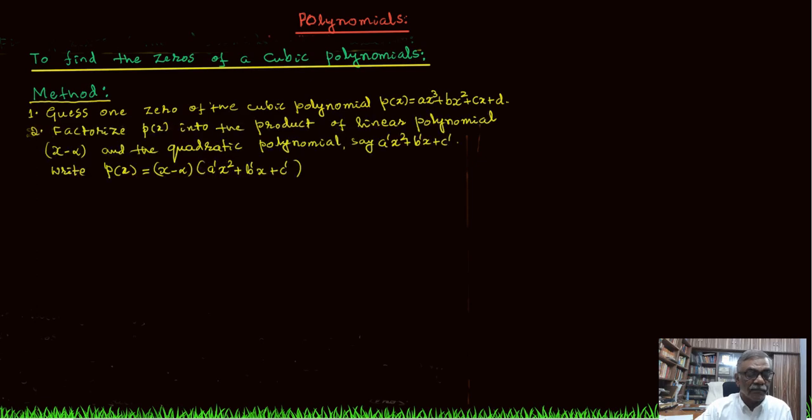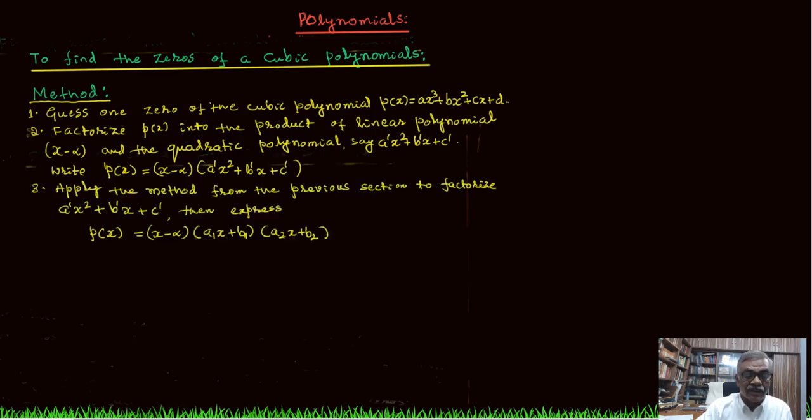Next step, factorize p(x) into the product of the linear polynomial x minus alpha, where alpha is the guessed zero of the polynomial, and a quadratic polynomial, say a'x² + b'x + c'. Write p(x) = (x − alpha)(a'x² + b'x + c').